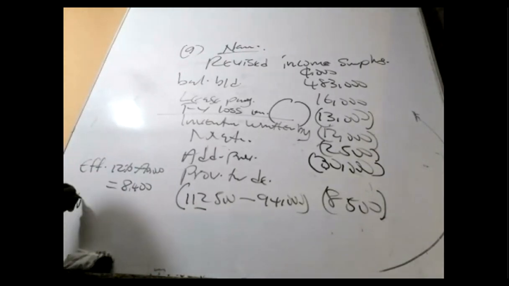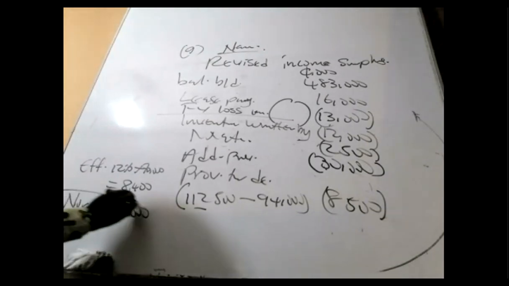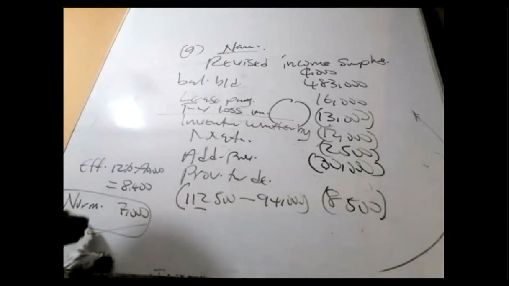The nominal interest rate happens to be what? 7,000. They've calculated already. So now they've already charged the nominal rate, which is 7,000, which is totally not true.